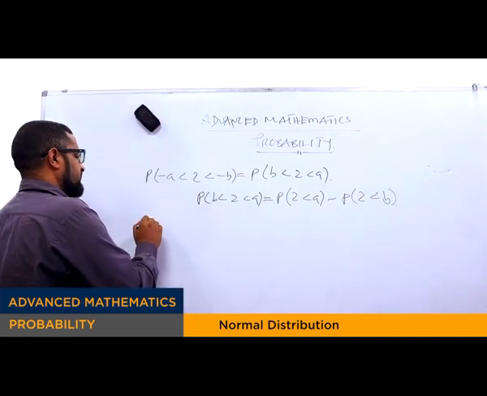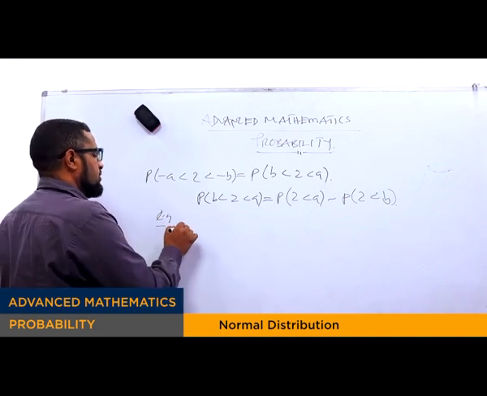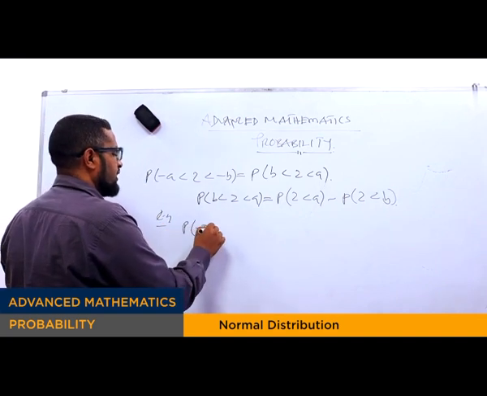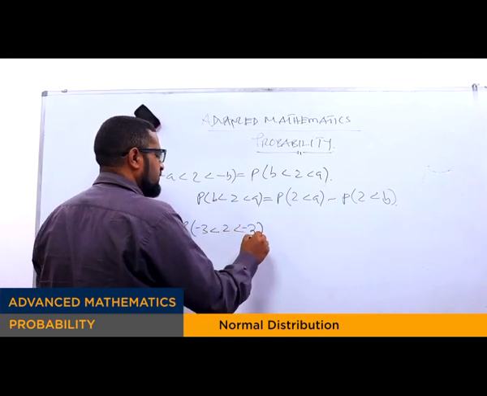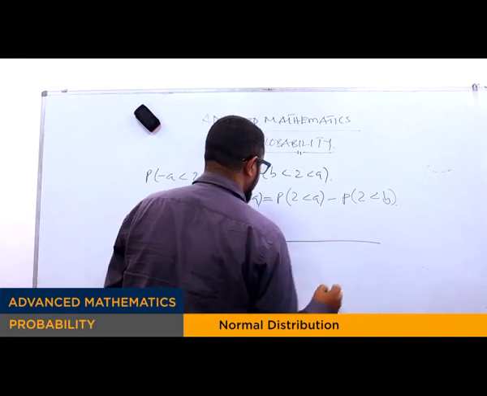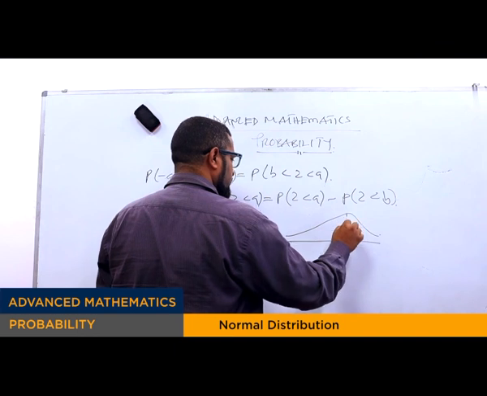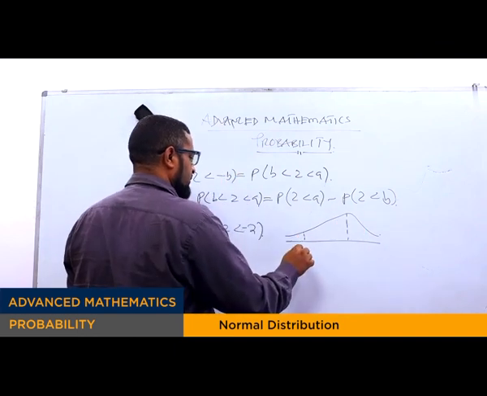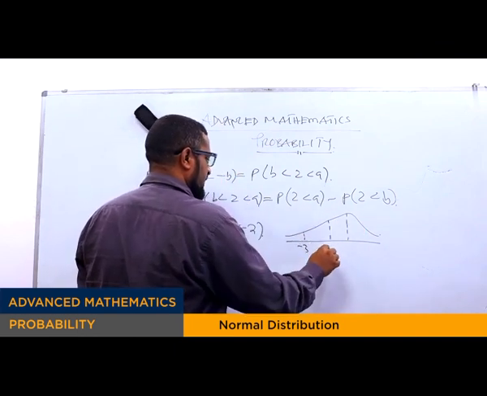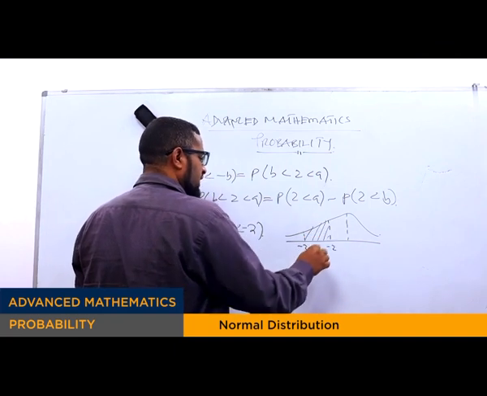For instance, in your calculation, you obtained the following: -3 less than z less than -2. So first you redraw that one and see the area. If you redraw -3 and -2, you are looking for this area.